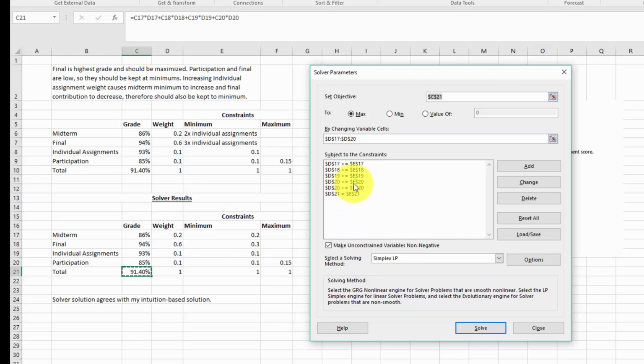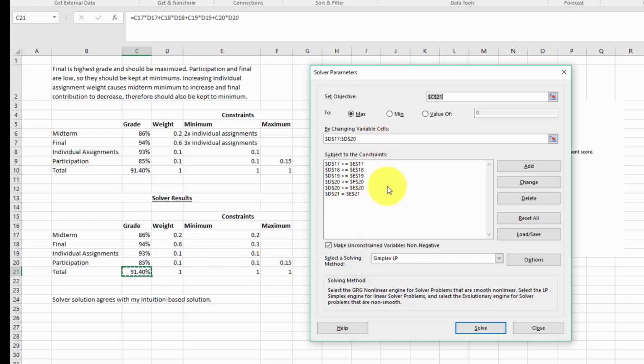D20 is less than or equal to F20, which is the maximum of 15%, and greater than or equal to E20, which is the minimum of 10%. And then the last constraint is D21, which is the total. It's got to be equal to 1. It can't be more than or less than, it's got to be equal to 1.